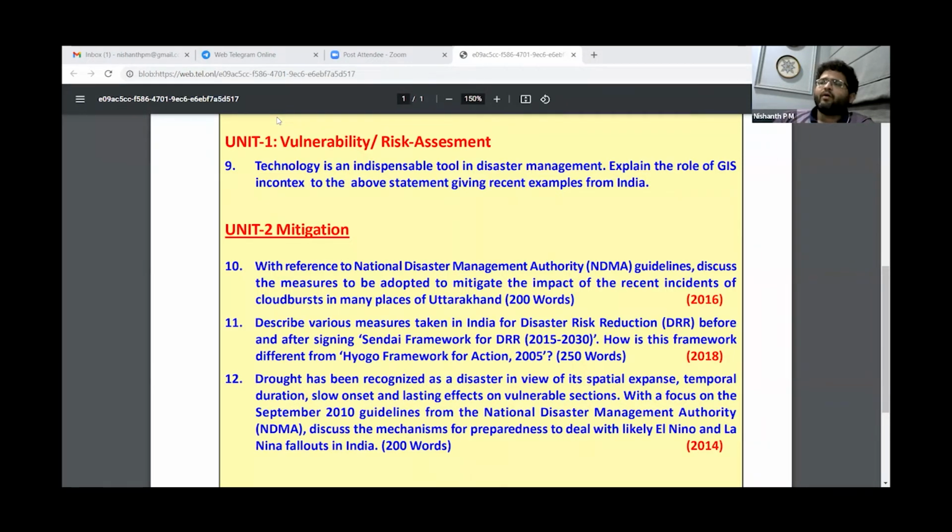You may not reproduce it word by word, but you should convey the meaning. The cloudburst definition may look niche, where you might think 9 out of 10 aspirants write it. It is not a bad thing. But the challenge of the question lies in the structuring of the answer, where many students fail.